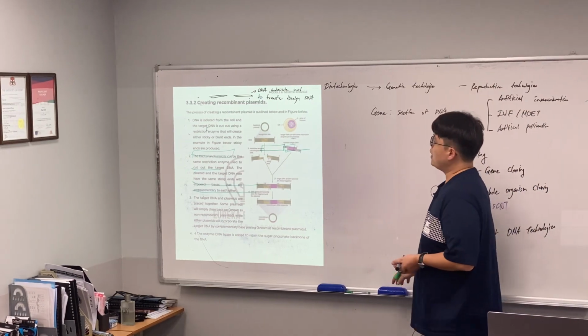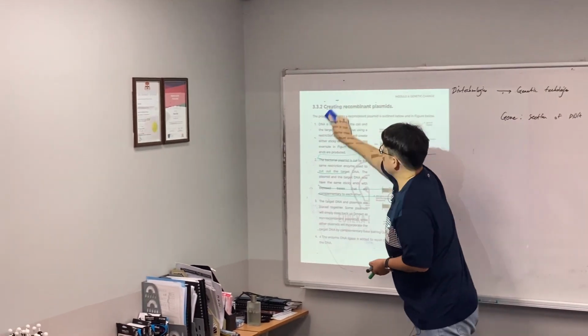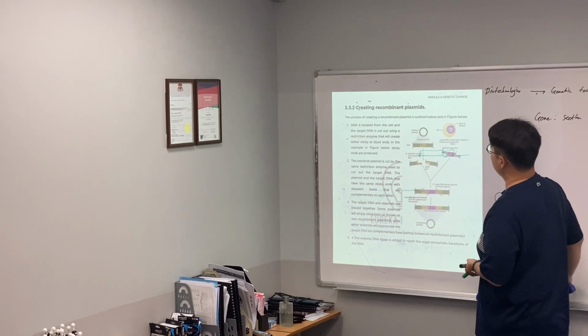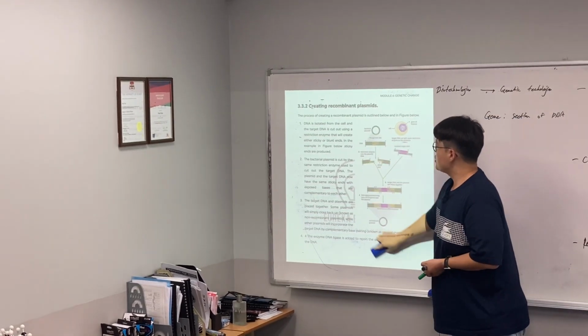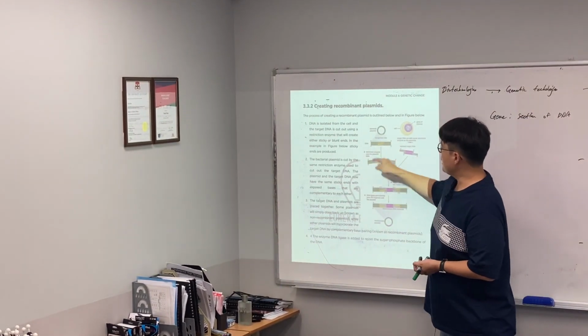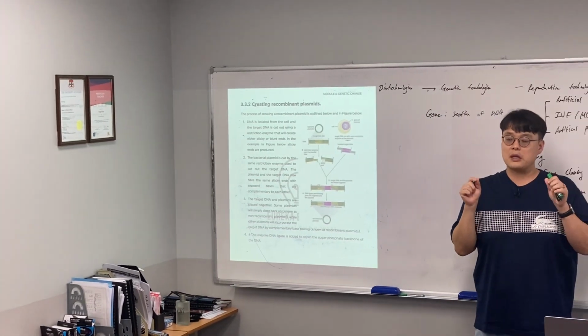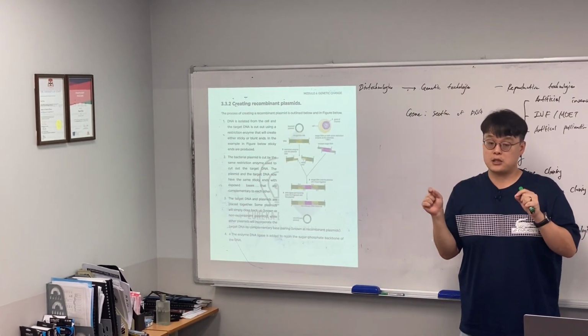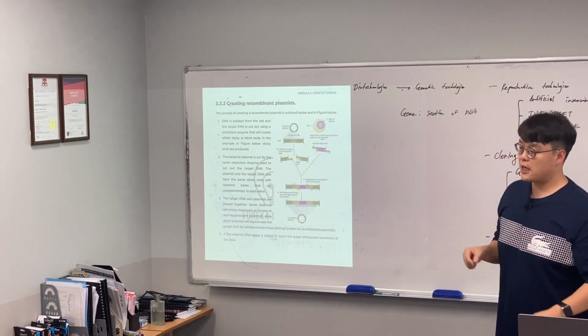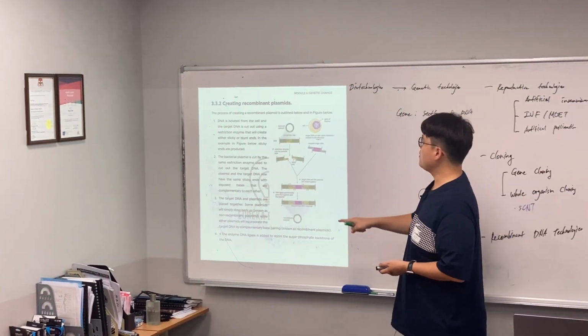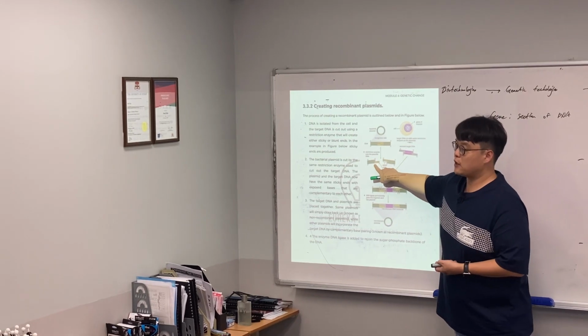Next point is we are creating the recombinant plasmid using the vector, or the plasmid in this case. In the DNAs, after you cut using the restriction enzyme, you make the sections called sticky ends. The sticky ends are where base pairing comes in, with a very specific base order.